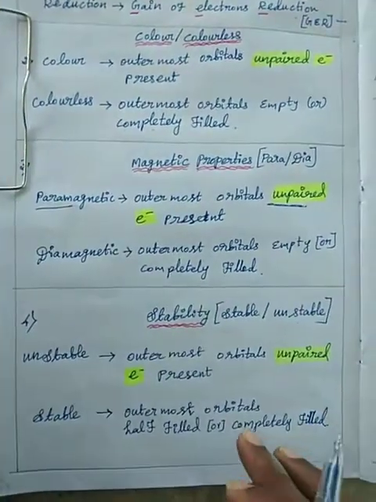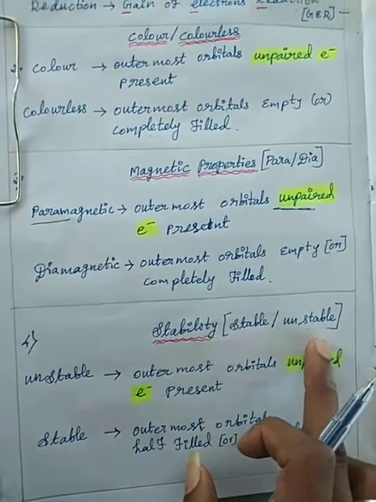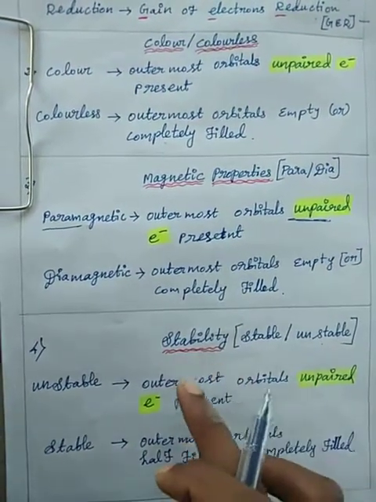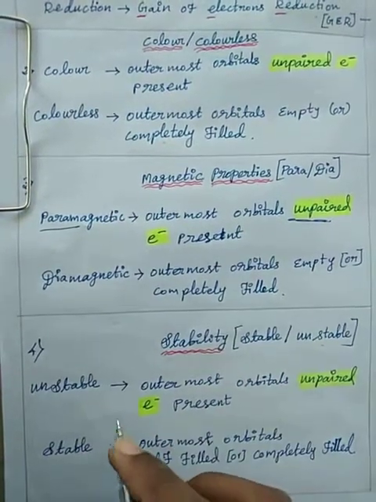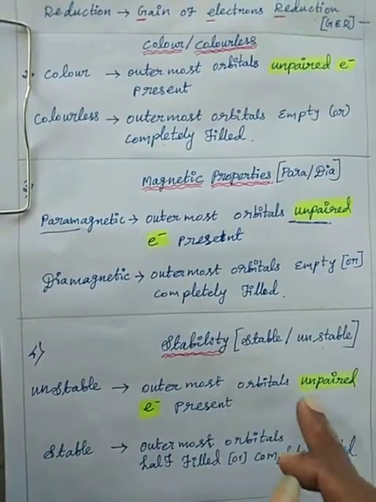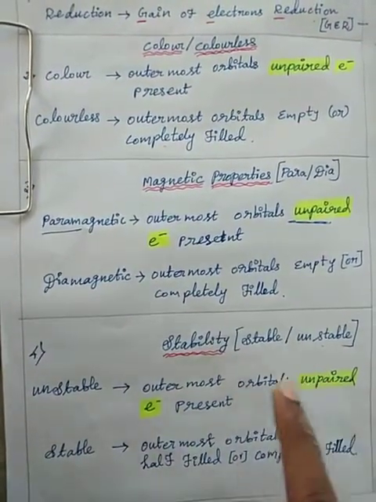And the last property, stability. So stable and unstable properties, whether the ion is stable or unstable. What is that? So unstable: outermost orbitals with unpaired electrons present, very important, unpaired electrons present is called unstable.